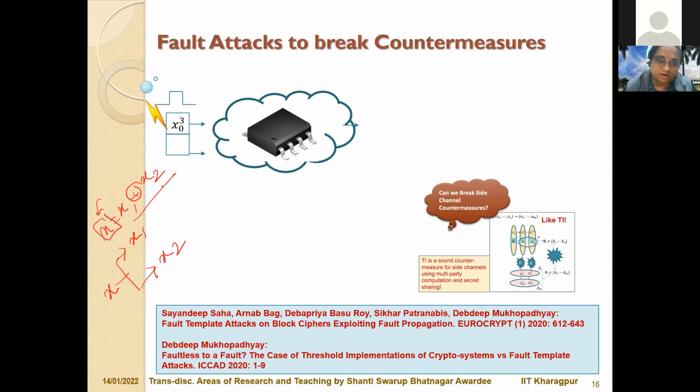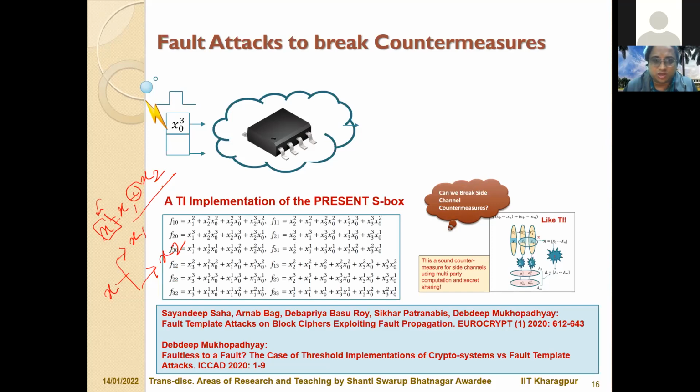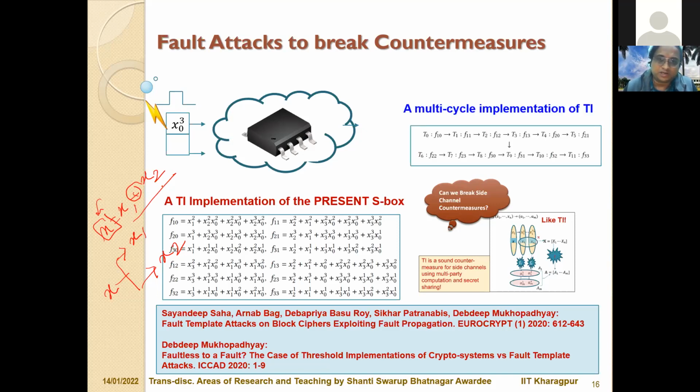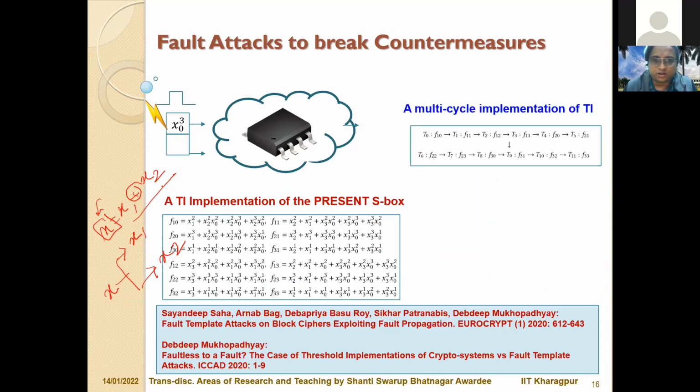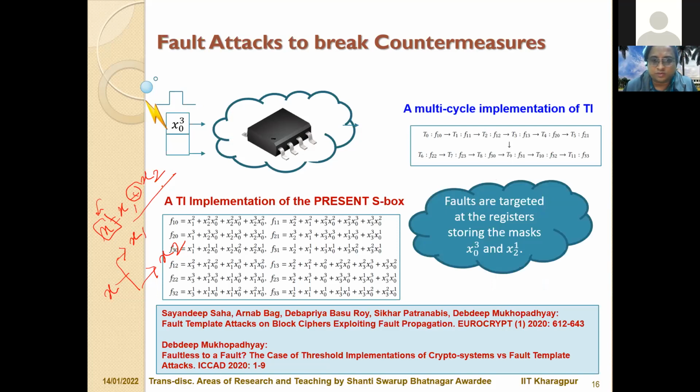But in one of our recent works, we showed that even if you have such sharing and countermeasures, one can essentially take a very standard implementation. These are what are called TI or threshold implementations. When you inject the fault into the registers that store these intermediate values, which we often call masks, you can observe a template, and the template is nothing but whether the fault that you are creating is getting exposed to the output or not.